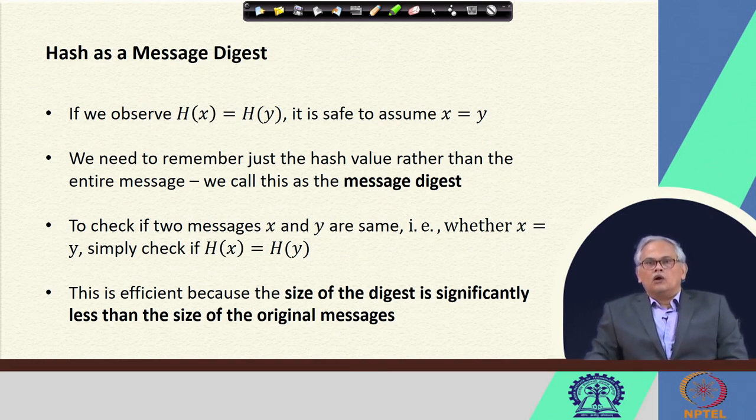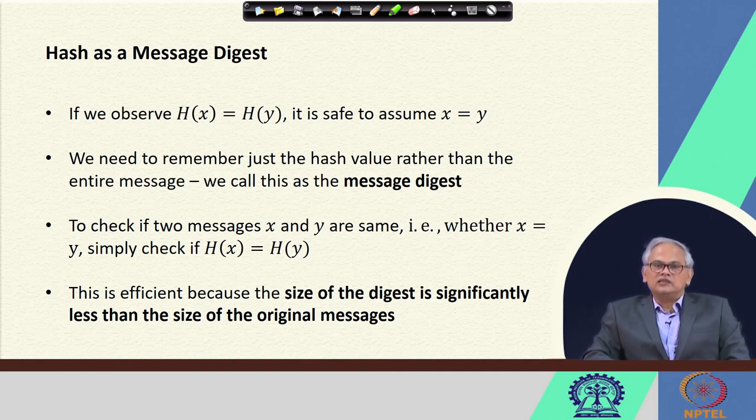Now, another important use of hashes is that they can be used as a message digest. Meaning what? It means that since h x is equal to h y, it is safe to assume x is equal to y. If we see that two digests are the same, then we can safely assume that the original messages are also the same.